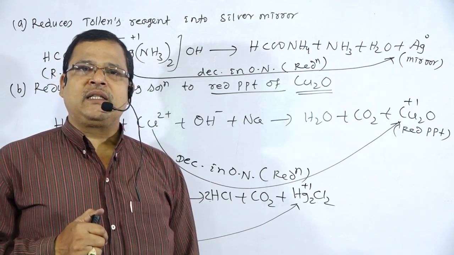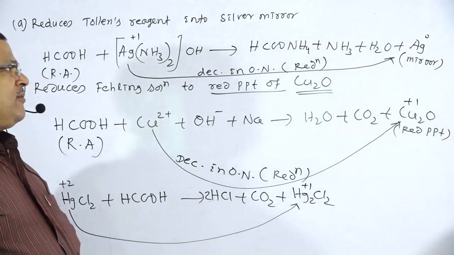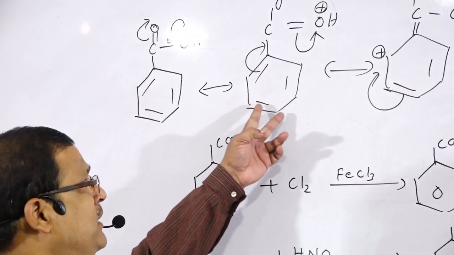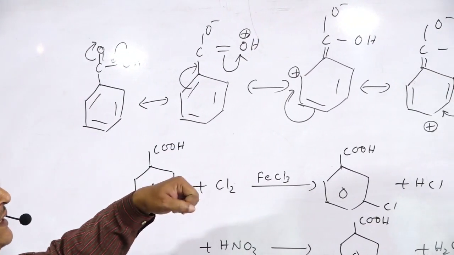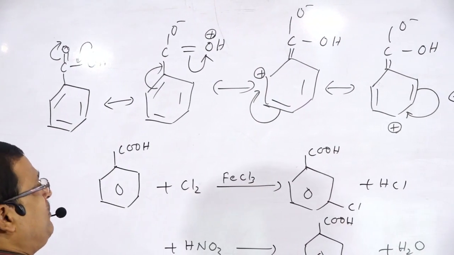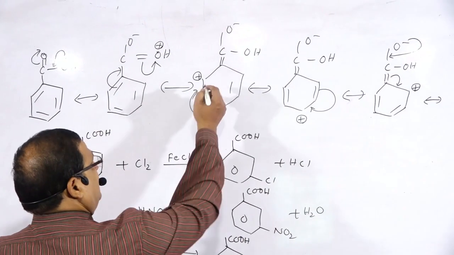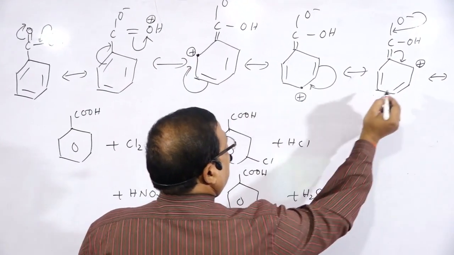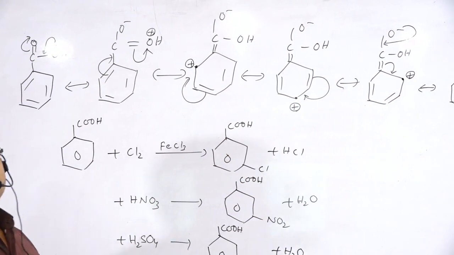So next we will discuss the electrophilic substitution reaction of benzoic acid. If we write down the resonating structures for benzoic acid, as already explained, the ortho position, para position and the other ortho position acquire positive charge.